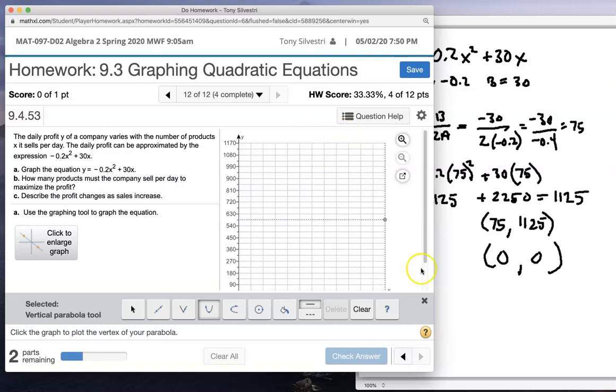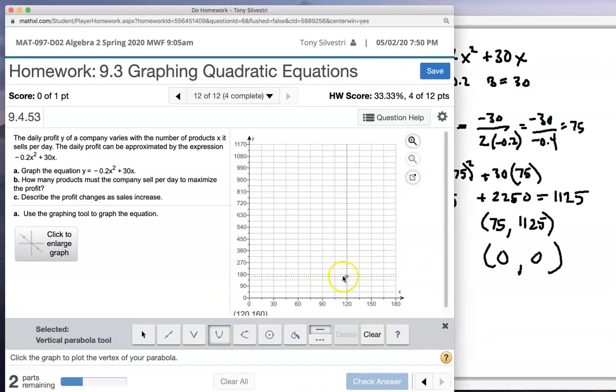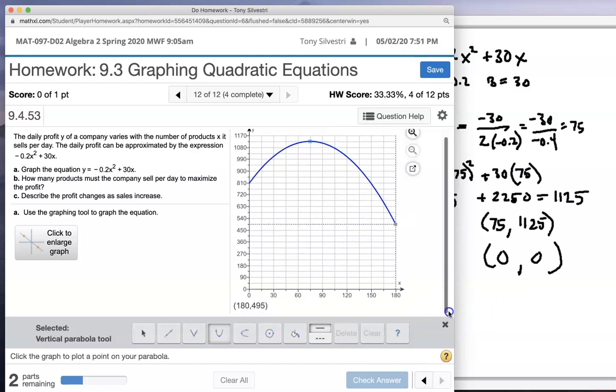I can't see this thing. Okay, I can barely see it. 75, 1125. You see that right down there? Right there. That's it. Let me scroll down a little bit.